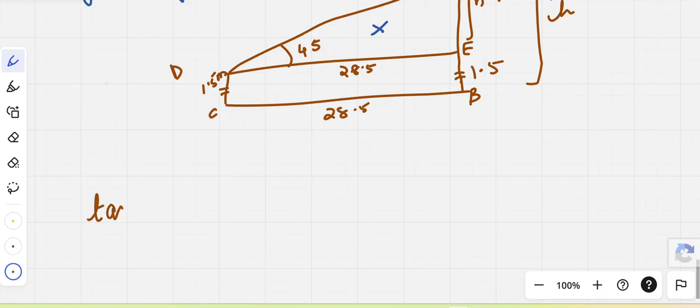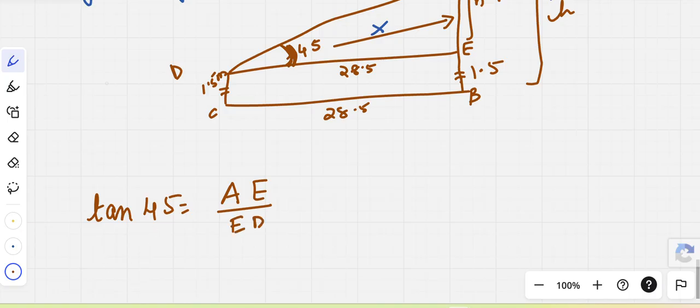If anybody has not got, please see. Tan 45, this one. TOA: opposite side, which is AE by ED. Tan 45 is 1. How much is AE? We don't know, right? AE by ED.